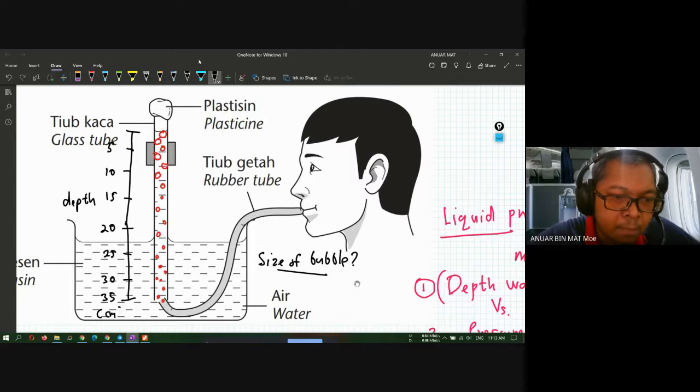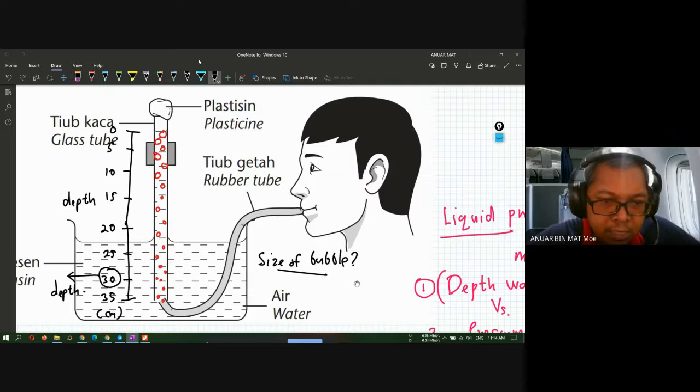This is in cm, meaning the depth. This is 0 centimeter at the surface. As the depth is lower, you can see at 30 centimeter, the depth of water is 30 centimeter. You can see the size of the bubble over here is smaller.